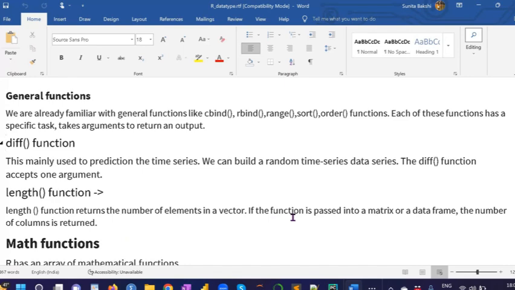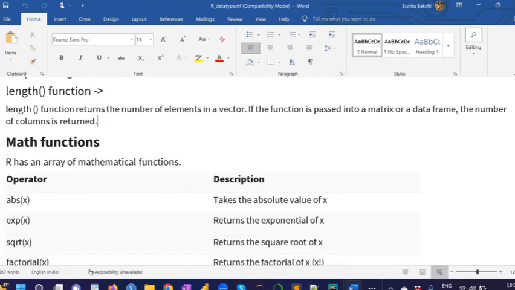When we use a data set, we pass the value, and we want to know the length of this data set. For a data frame, it returns the number of columns, how many columns and how many rows there are. We will show you practically.